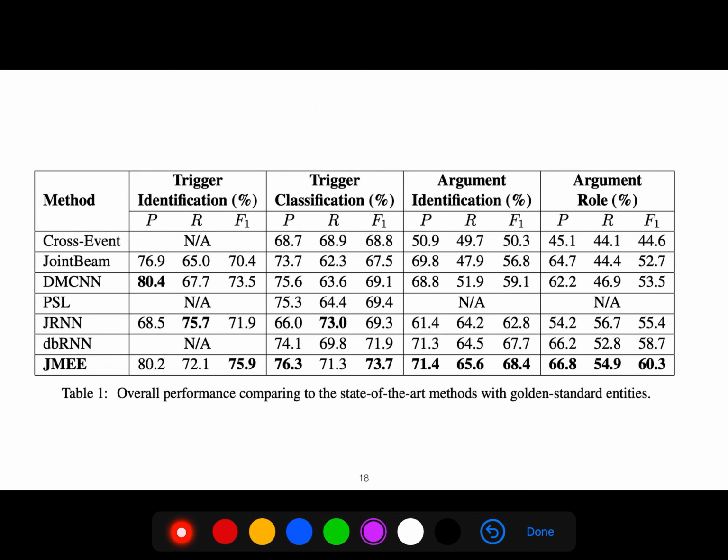So you see, we always do argument identification and argument role classification, also trigger identification and trigger classification. You see state of the art, even for this approach, is less than 75%.